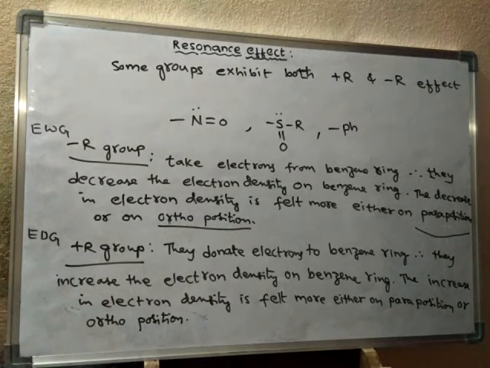So like this the electron withdrawing groups will show their effect. Like this we can discuss plus R groups and minus R groups. We will learn about the other things in the next video.